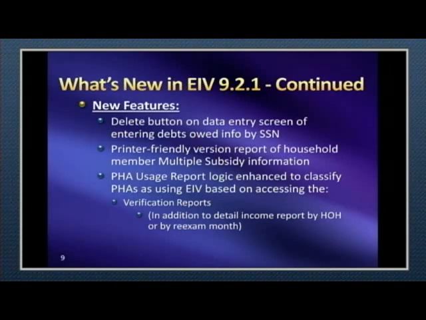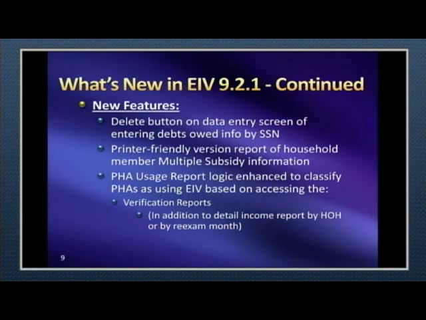The other enhancement that we've done, and you won't be able to see it per se, is that the logic behind the PHA usage report, which tracks whether or not a housing authority is accessing EIV, has been modified to count a housing authority as accessing EIV if you access any of the various verification reports within the EIV system.